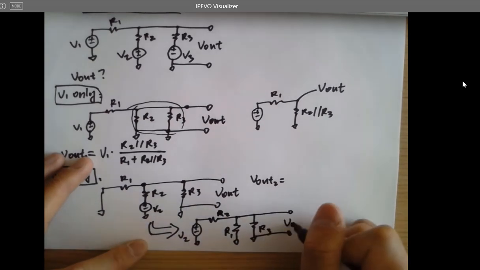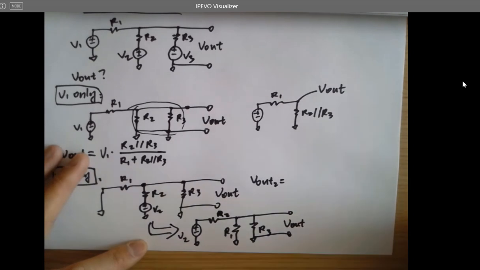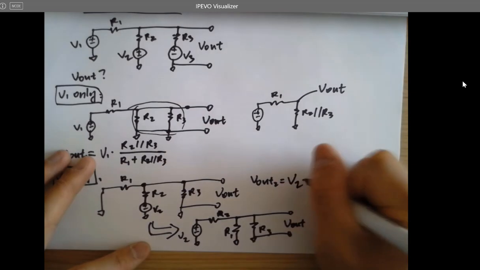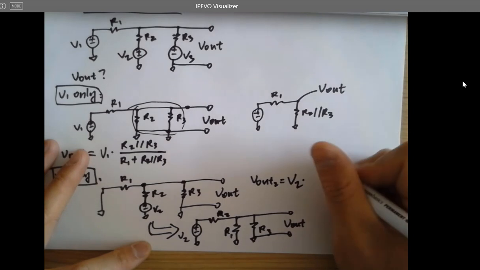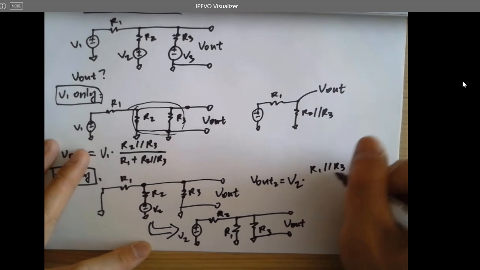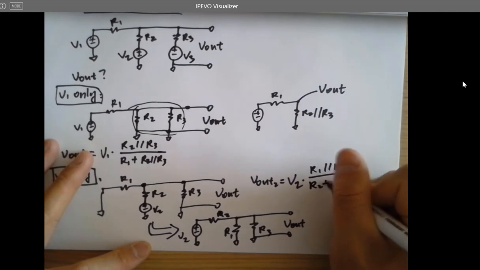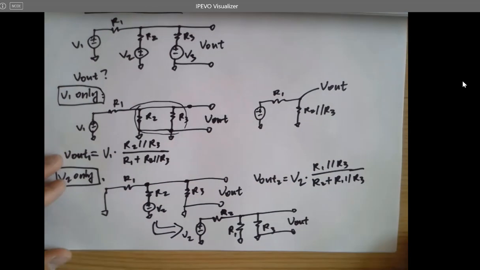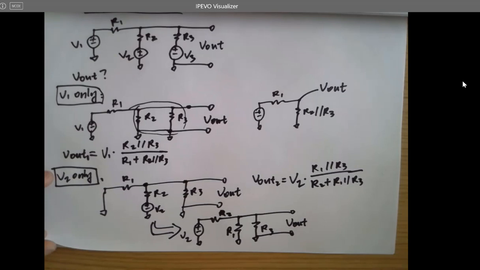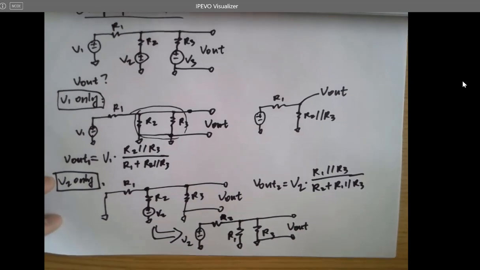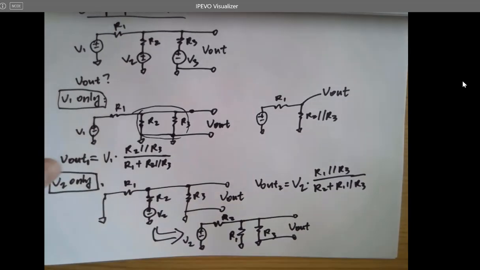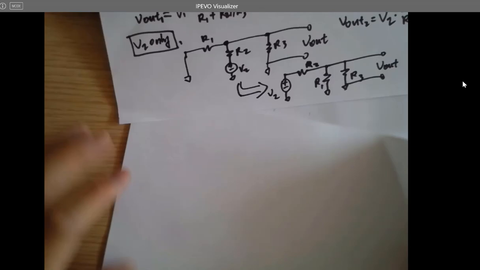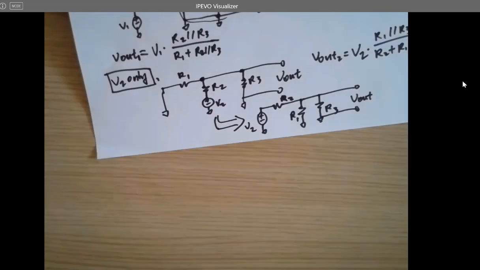Here's VL. So VL2 equals V2 times R1 in parallel with R3, over R2 plus R1 in parallel with R3. It's the second one, from the contribution of V2 only. And V3 only.